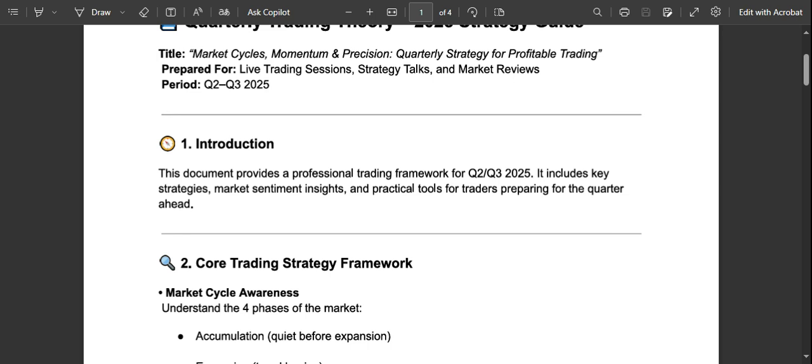In this chapter, we are going to introduce how we get market insights and practical tools for traders that will prepare us for the quarter ahead.